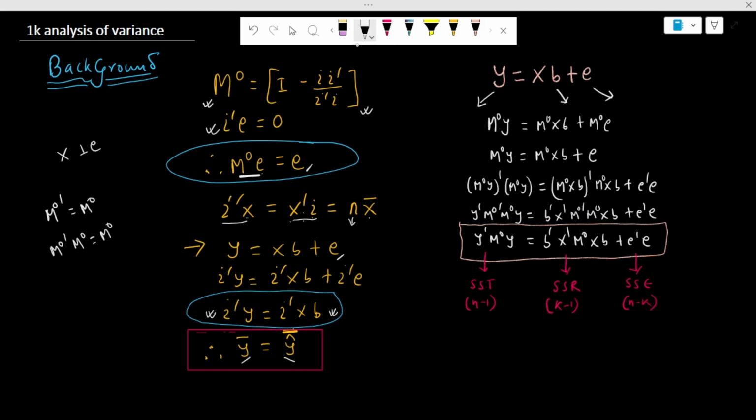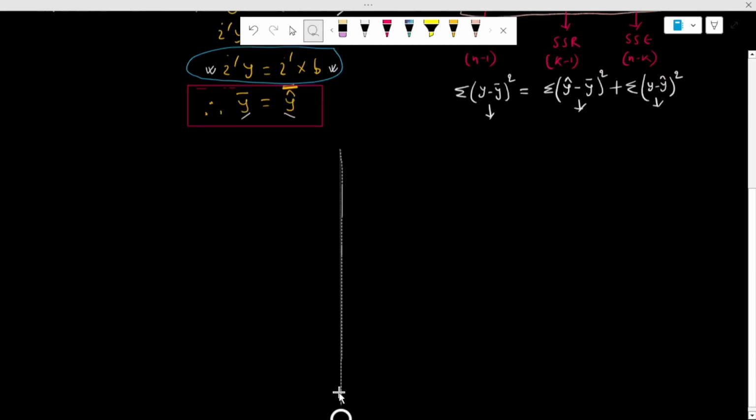So in general terms, y transpose M0 y is the sum of square of mean deviation of y, and this is equal to the variance explained by our regression, that is the independent variable, plus the unexplained variance. So the total variation of the dependent variable, some portion of it is explained by our independent variable, while some portion remains unexplained.